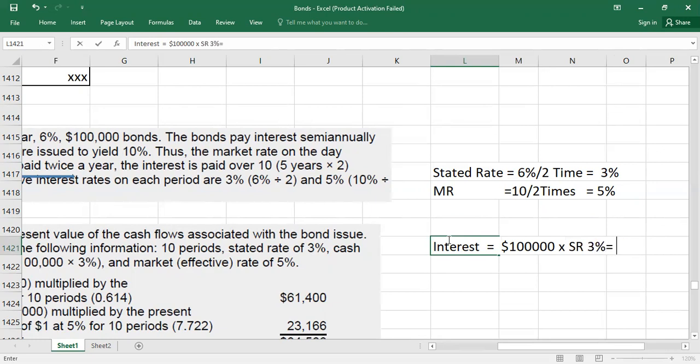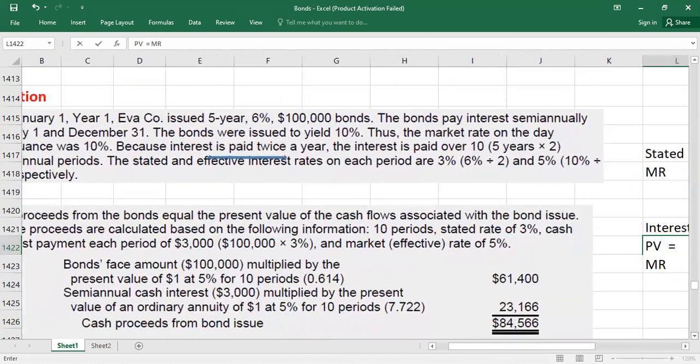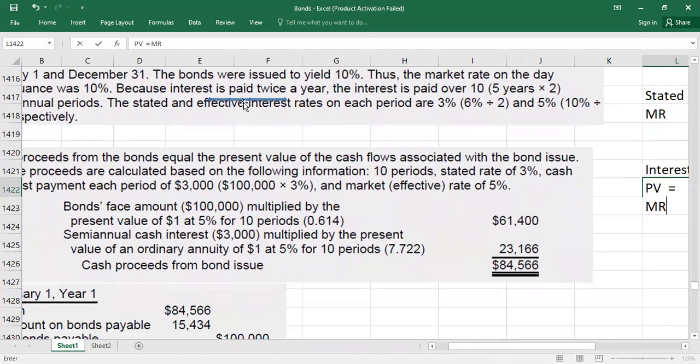So this is how I will get the interest per 6 months, which is $3,000. When you want to calculate the present value, we will always use the market rate. To look at the present value factor, we will use the market rate. Don't forget. So here we go. Now we are going to calculate the present value of face value.